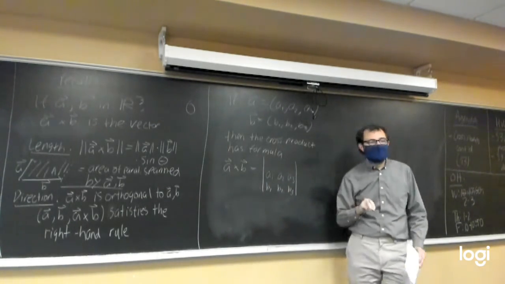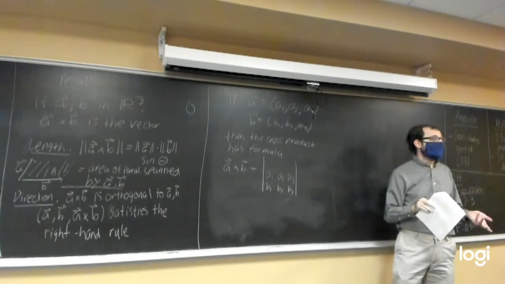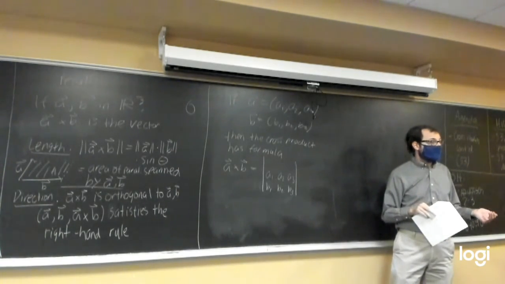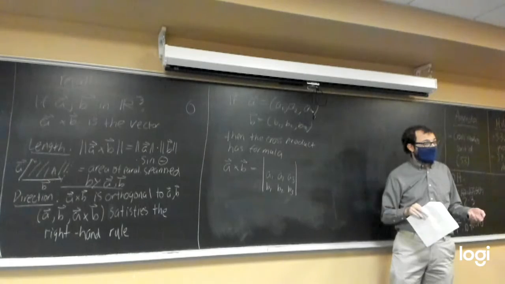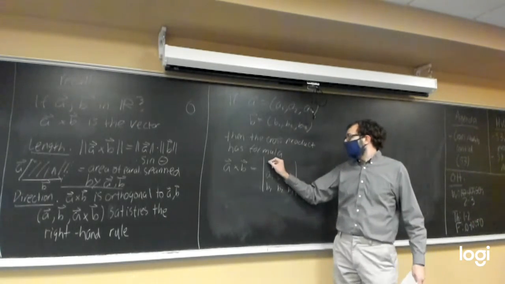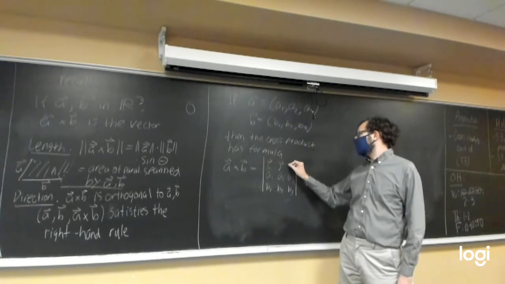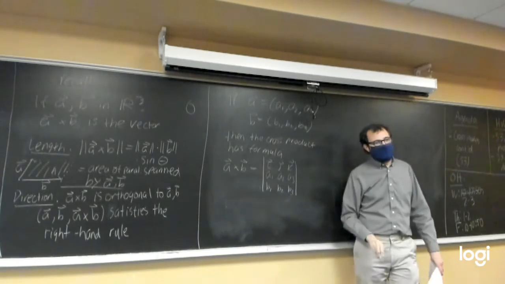And then the first row of the matrix, here's where we get a little bit diabolical, is going to be the standard basis vectors i, j, and k.